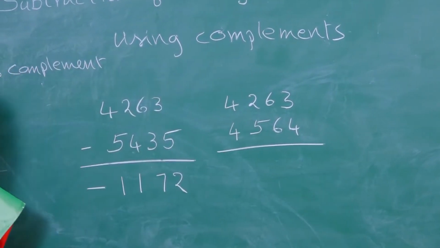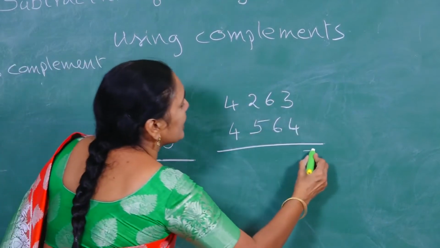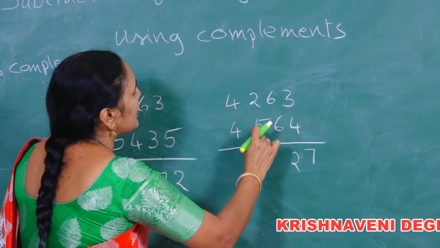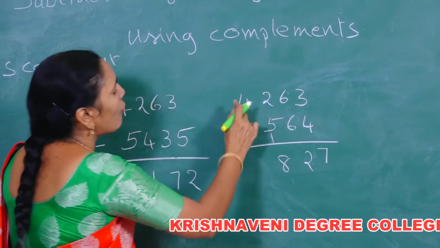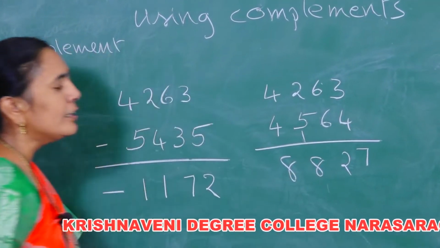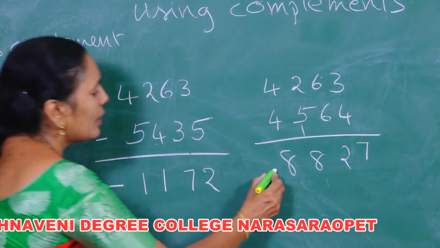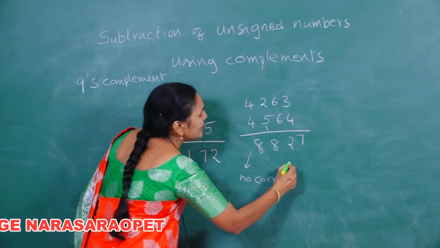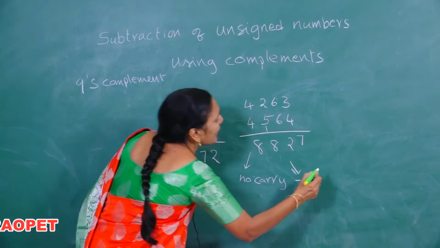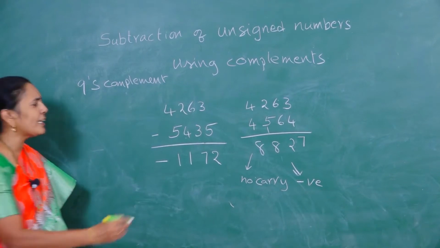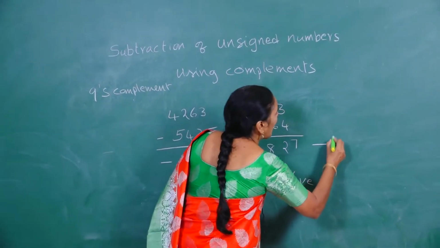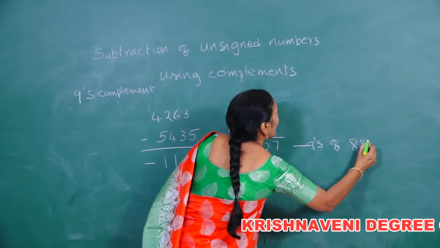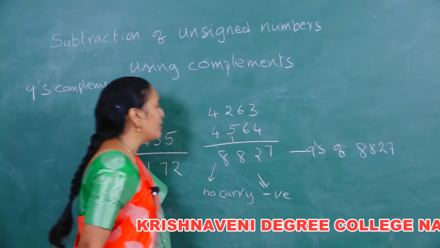Now you do the addition. 3 plus 4 is 7, 6 plus 6 is 12, 5 plus 2 is 7, 7 plus 1 is 8, 4 plus 4 is 8. There is no carry, which indicates that the answer is negative. In order to get the correct answer, we have to calculate the 9's complement of 8827, which will be the correct answer.